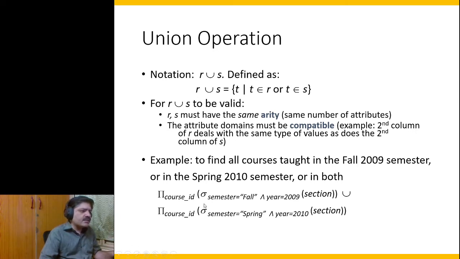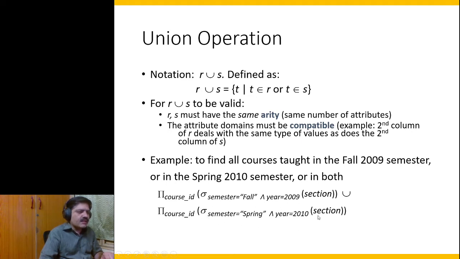So I select from section. Let's say section is the relation which carries all this information. So we select from section those tuples where semester equals fall and year equals 2009. From the resultant tuples, we project only the course ID, and then we union that with the course IDs projected from the result of this selection.